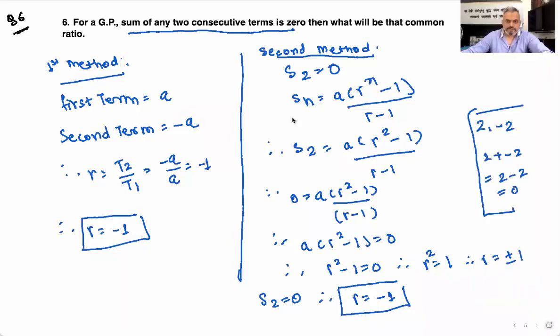Question number 7. For a GP, if S7 is equal to 15 and S6 is equal to 11, we have to find the seventh term, T7. So now it's very simple, students.